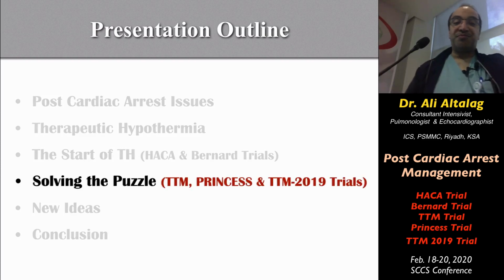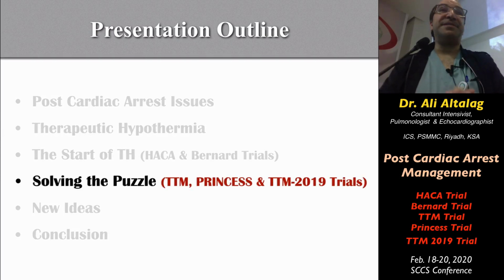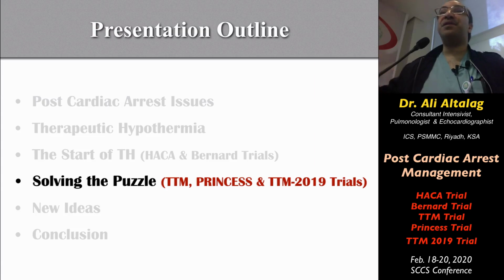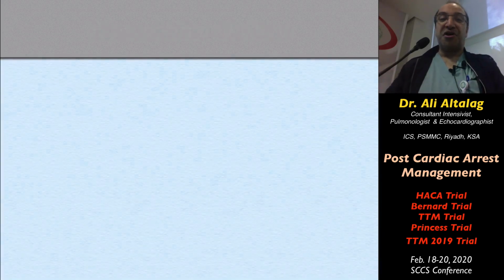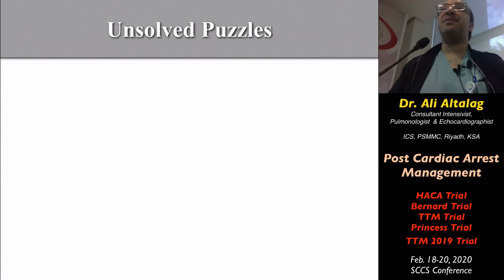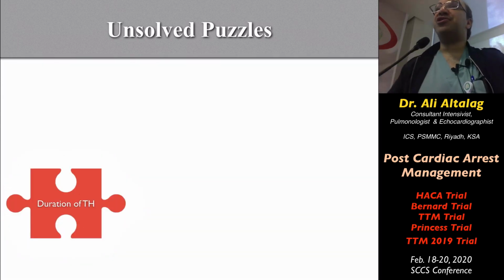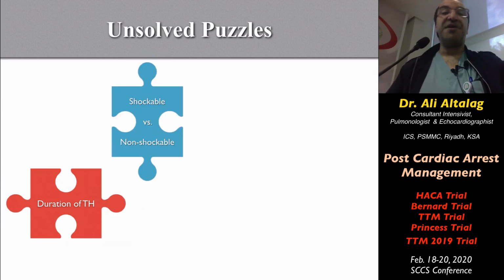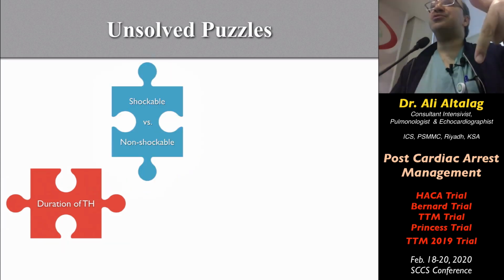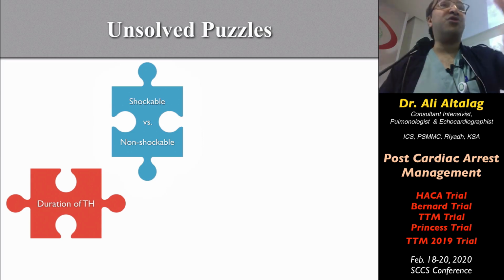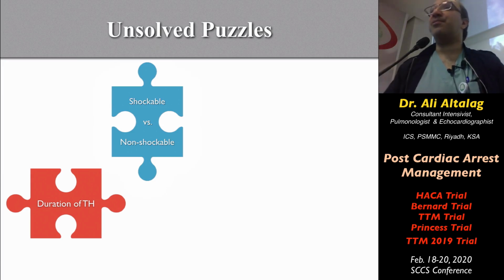Now, solving the puzzle, this is the most important thing. These two studies from 2002 created for us the following puzzle. Number one, what is the best duration of hypothermia? What about patients who have cardiac arrest because of a shockable rhythm as compared to those with non-shockable rhythm?